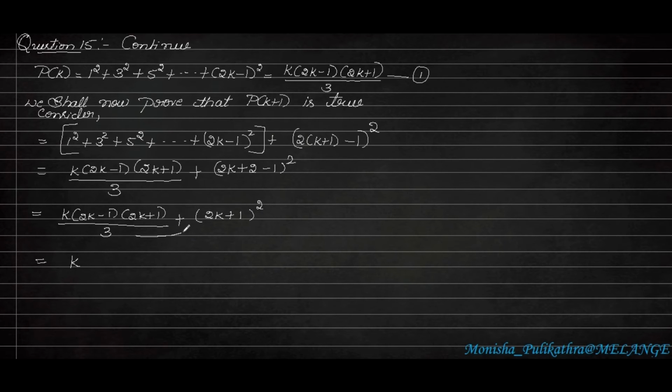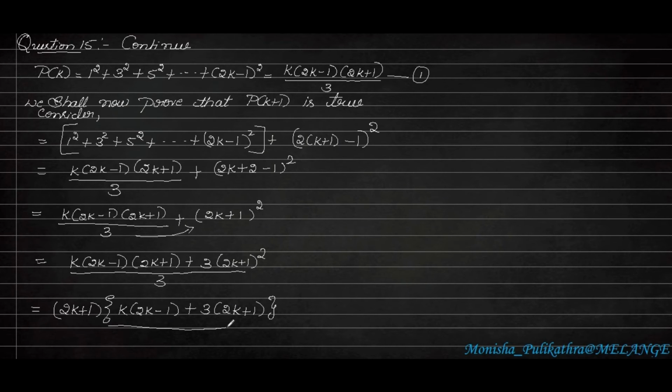So we can take the LCM of it so that this 3 will become cross multiplied here. So k into 2k minus 1 and 2k plus 1 plus 3 into 2k plus 1 whole square whole divided by 3. So here in both the segments 2k plus 1 is common. So we can take 2k plus 1 as common here. So if I take 2k plus 1 common, this will be remaining, that is k into 2k minus 1 will be remaining plus here 3 into 1, 2k plus 1 I have taken common. So one more thing is remaining here, this will become 2k plus 1 itself. So whole divided by 3.